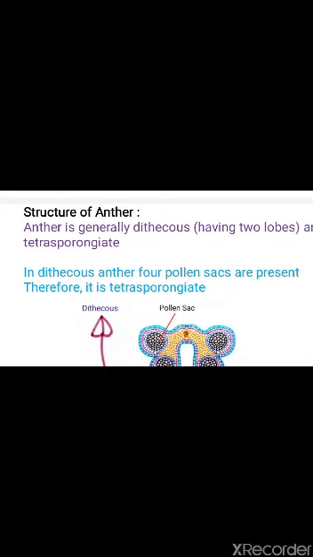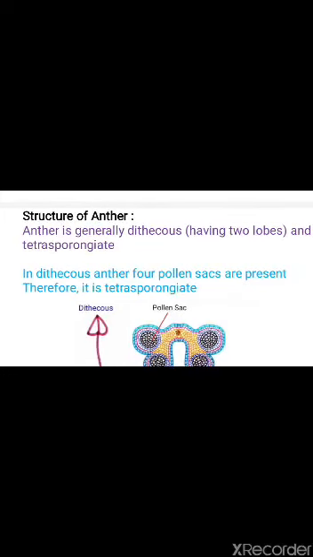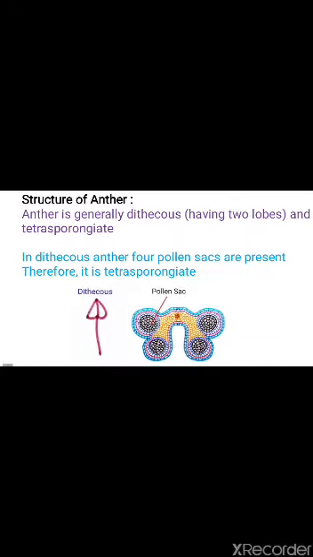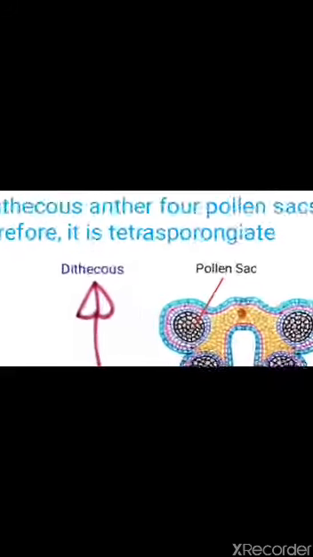We are going to study the structure of anther after development, or the fully developed anther. Anther is generally dithecous, having two lobes, and tetrasporangiate. Now what is meant by dithecous? Dithecous means the anther having two lobes. So it is shown in the diagram.